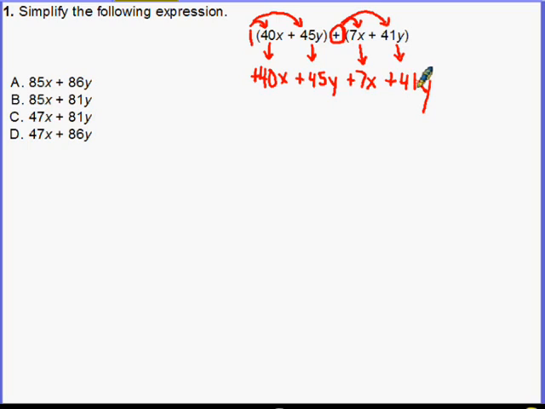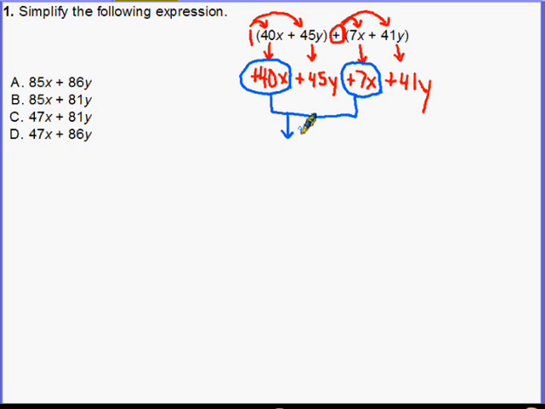Okay, so now what I'm allowed to do is start combining like terms. Alright, and this is what I mean by combining like terms. You see this guy right here, what I like to say is his last name is X. You see 40x, his last name is X. This guy right here, his last name is also X. These two terms are actually alike, okay, because their last names are X. So I can combine them.